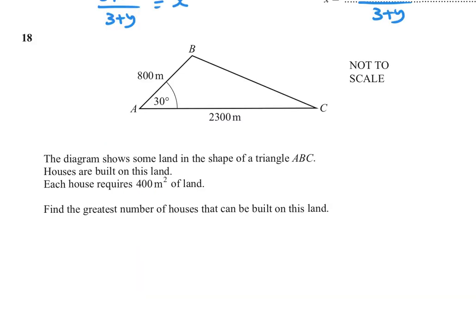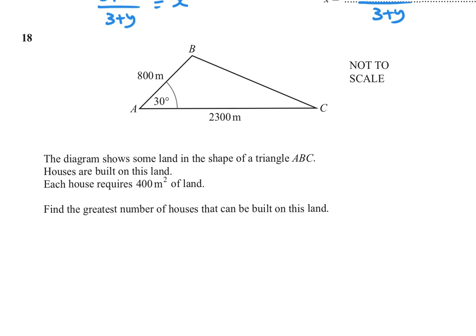Number 18. The diagram shows some land in the shape of triangle ABC. Houses are built on this land. Each house requires 400 meters squared of the land. Find the greatest number of houses that can be built on this land. So to find the greatest number of houses, you need to find the area of this triangle, divide by 400, and round down.